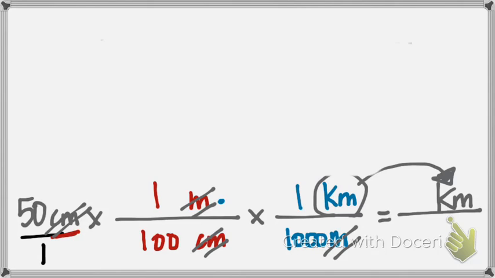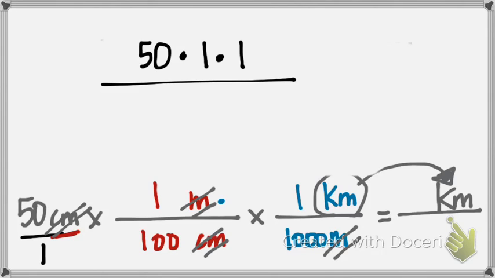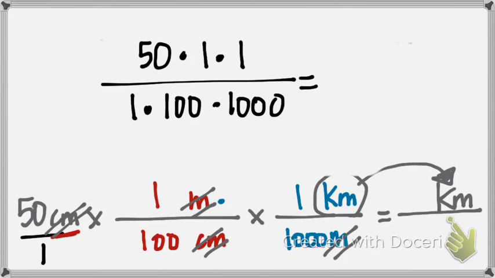And now I'm left with just dealing with my numbers. So in my numerator, I have 50 times 1 times 1 all over 1 times 100 times 1,000.